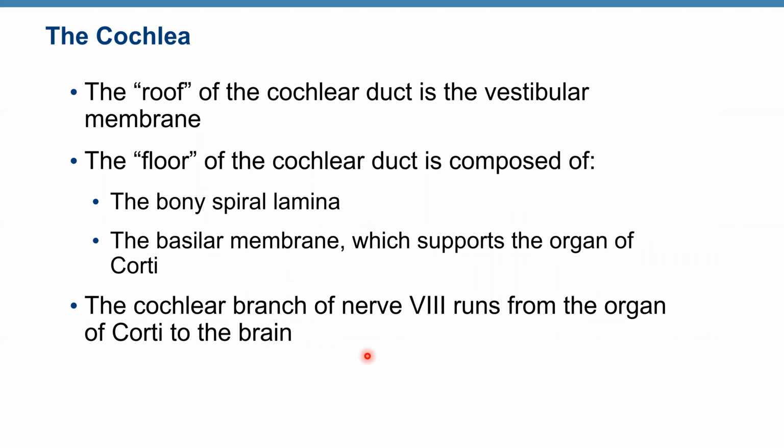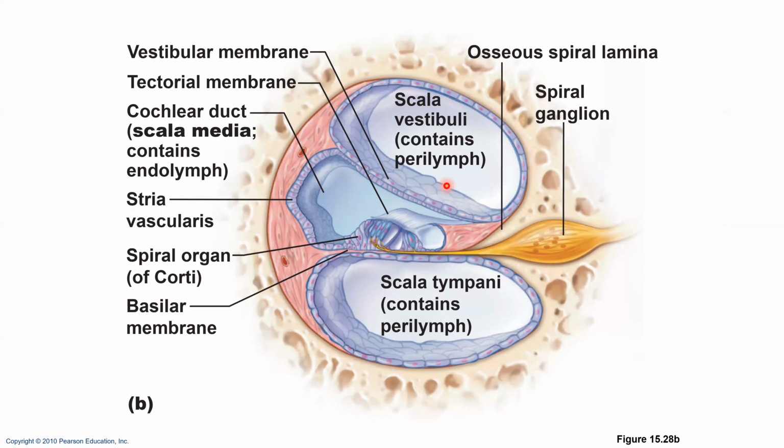Okay, let's look at the next picture first. Here is our scala vestibuli. This is scala tympani. They both have perilymph. This is our scala media, or cochlear duct, and it contains endolymph.